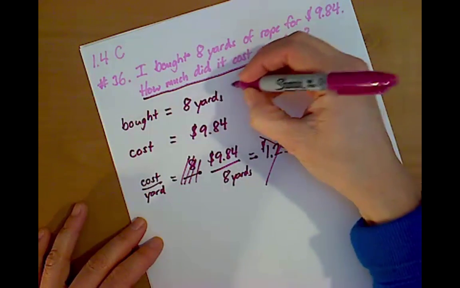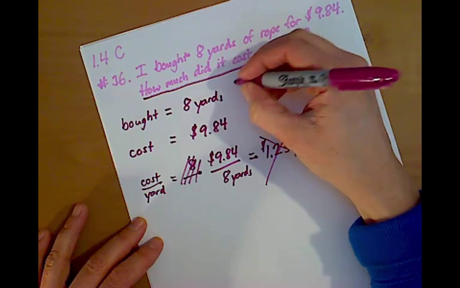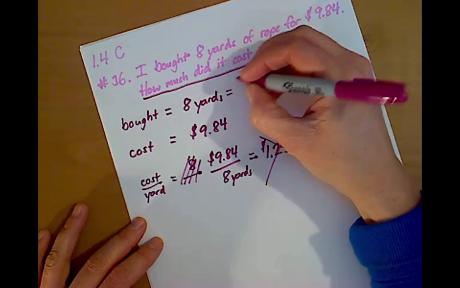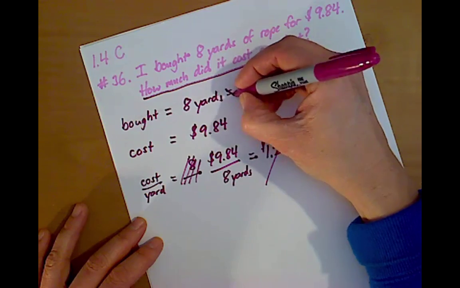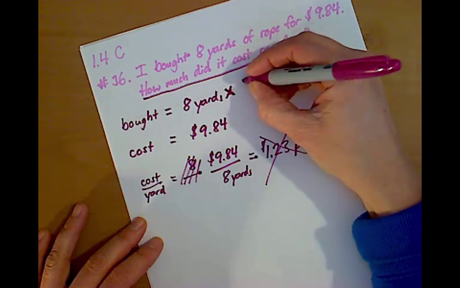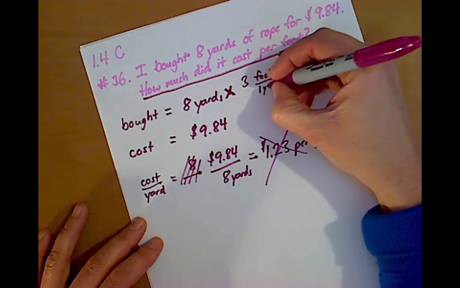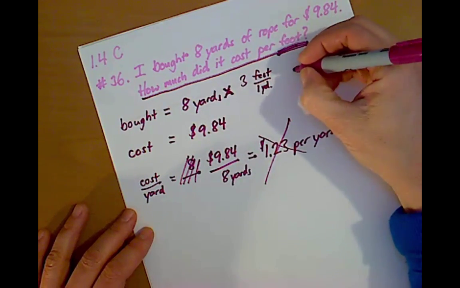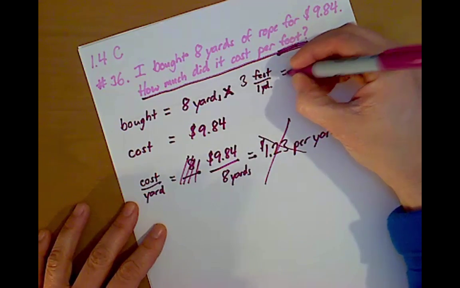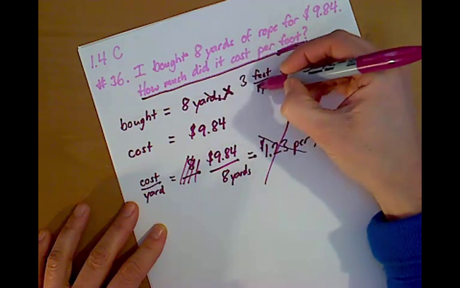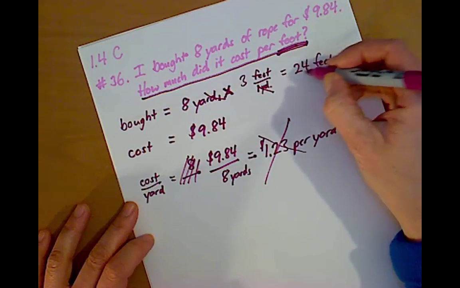The easiest way to do this is to change the yards into feet. So 8 yards, we're going to multiply that by 3 feet per yard, and we get 24 feet. The yards cancel out here. They divide to 1 and we get 24 feet.